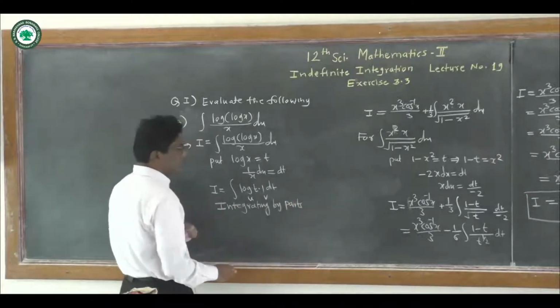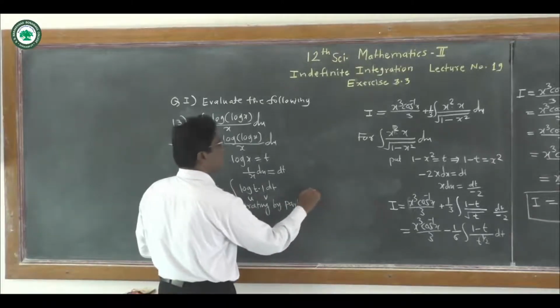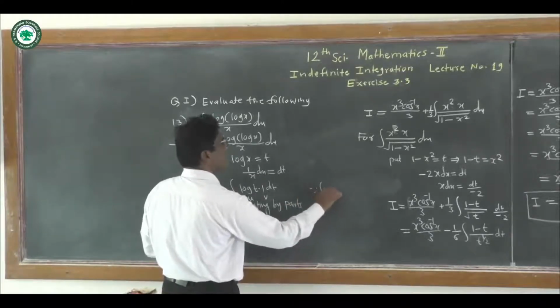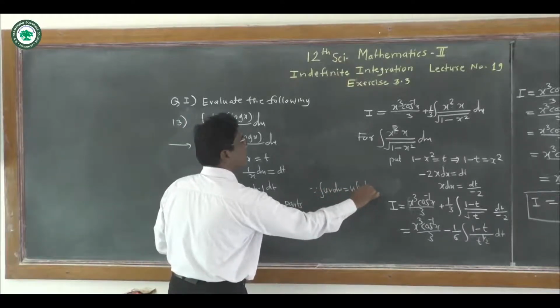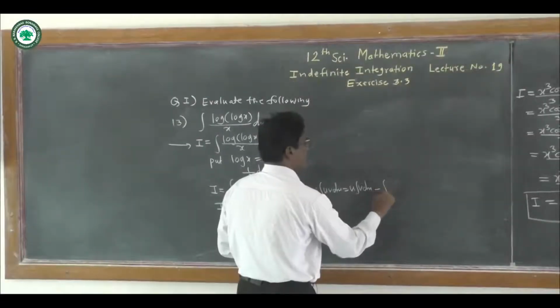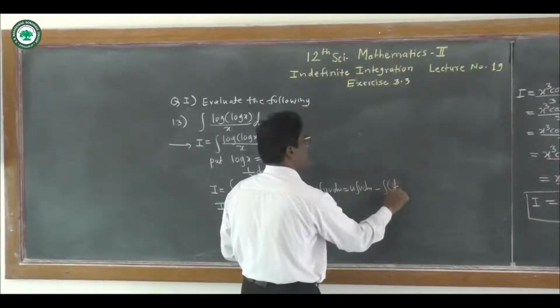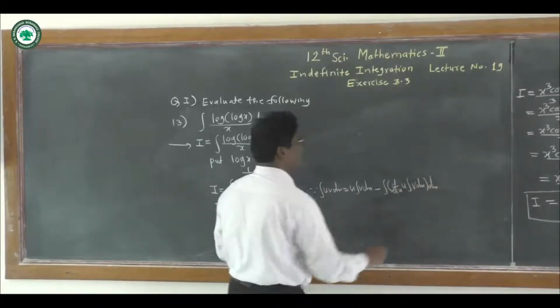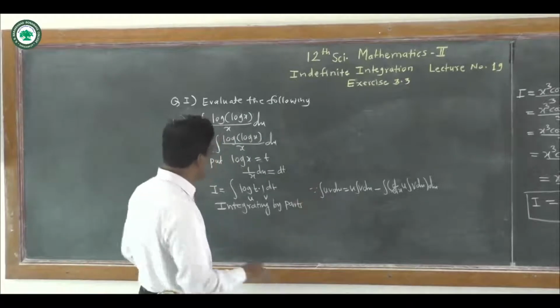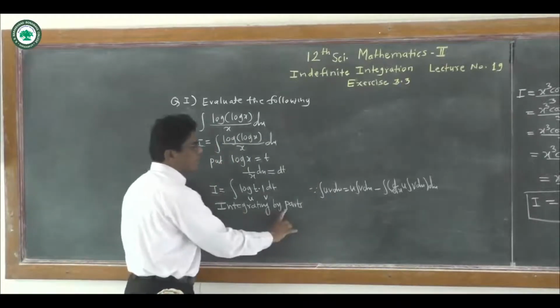Integrating by parts means here every time you write here formula, since integration of uv dx is equal to u integration of v dx minus integration of d by dx of u into integration of v dx with respect to x. Every time you write this formula, and also here write integrating by parts.